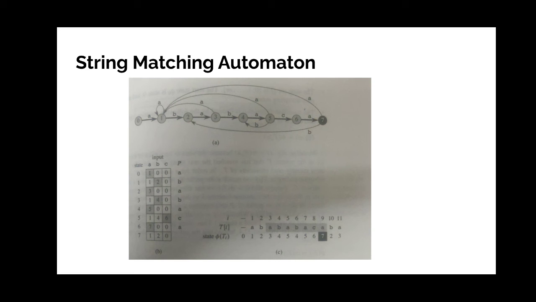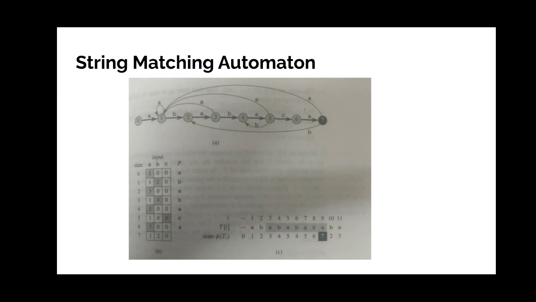Similarly, if it is in state 1 and reads A, it remains in state 1, if it reads B, it goes to state 2, and if it reads C, it goes to state 0. Only this going to state 0 is not shown in the diagram with arrows, but here it is clear.